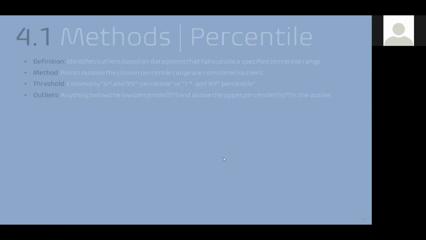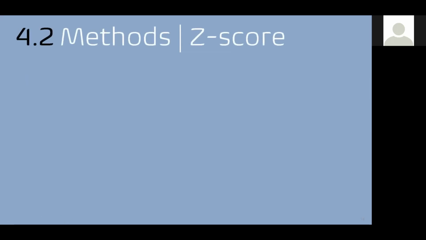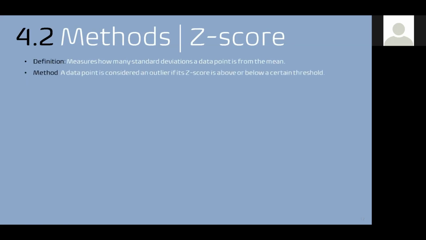All right, and there's also something called z-score. It's very similar to the standard deviation, it's just calculated a bit differently. Usually they use a z-score of 3, and that's the formula.